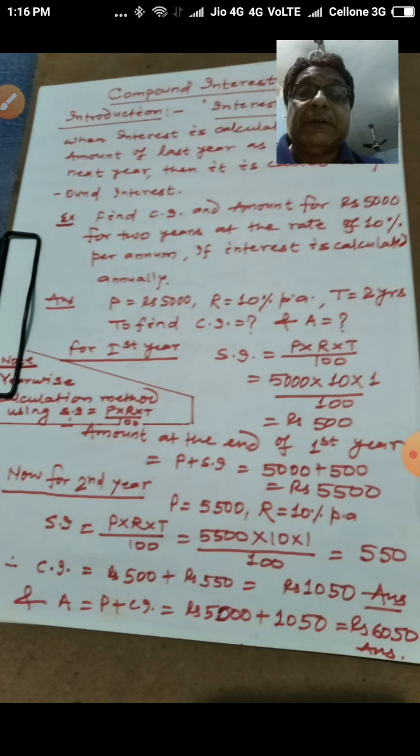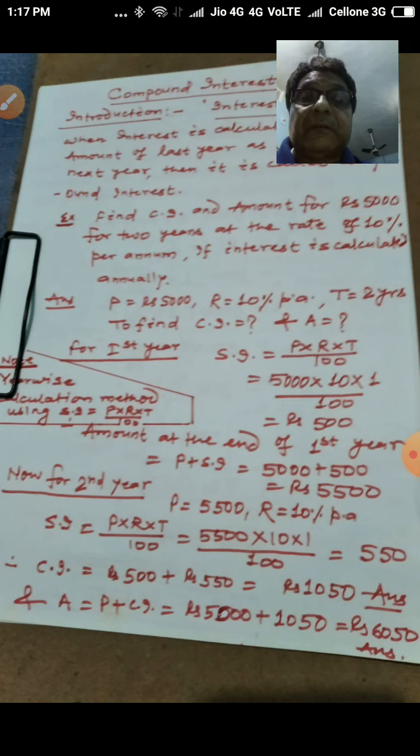So what we do, we just use the formula for simple interest, and although in question time is 2 years, we will calculate interest year wise. So for first year we write the data that principal is 5,000, rate is 10% per annum, and time is 1 year because we are calculating interest for first year.